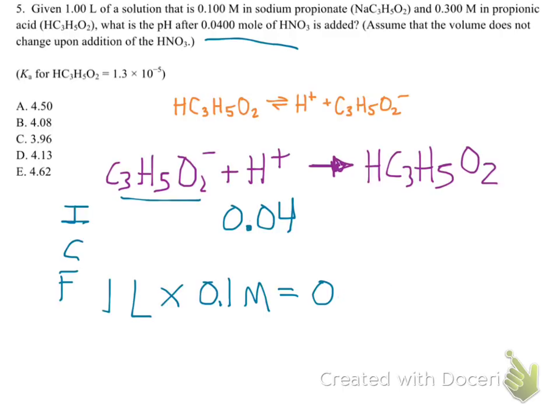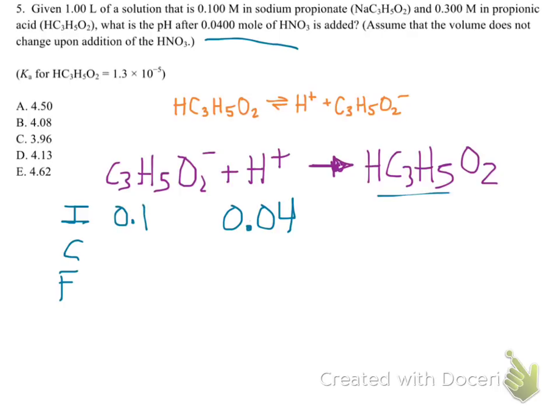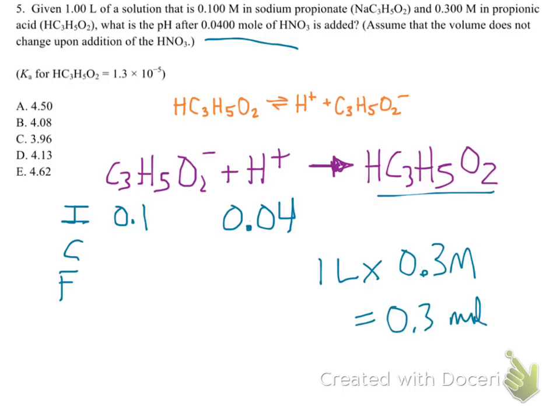Great. Let's plug that in. We can do the same thing for the propionic acid, except our 1 liter solution is actually 0.3 molar in the propionic acid, which gives us 0.3 moles of that.